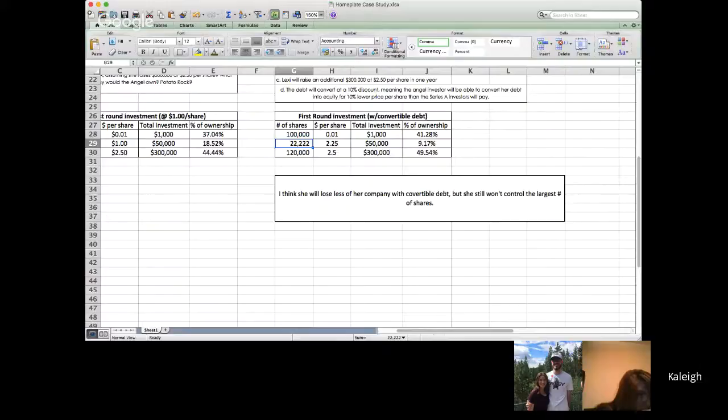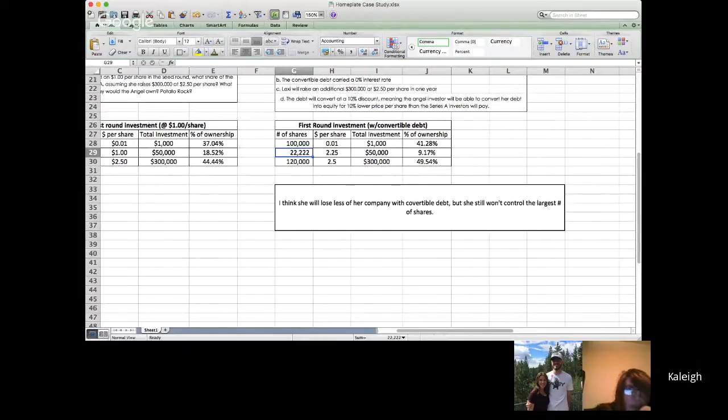Okay. So I don't know if I did this part right, but I said that I think it would be better if she did convertible debt, but either way, she's still losing a lot.